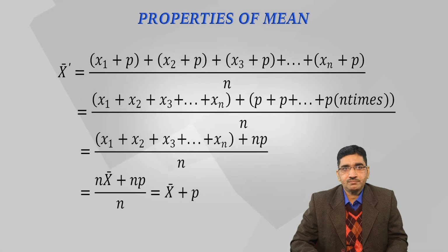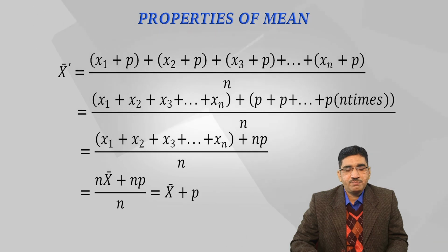So, in the next step we separate all the p values, that will be added n times, and the sum of all the observations x1 plus x2 plus x3 up to xn, divided by small n. Now, from the mean formula we have the sum of all the observations equal to n times the arithmetic mean x bar. So, in the next step, n times x bar plus n times p, divided by small n.